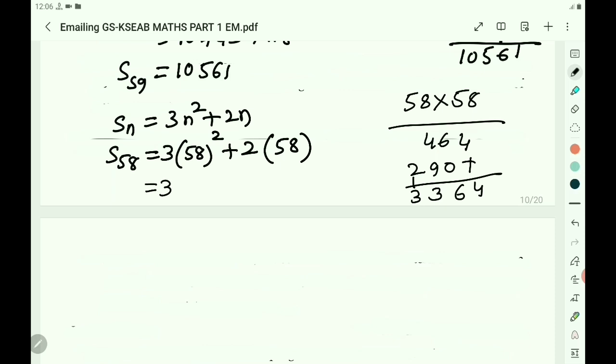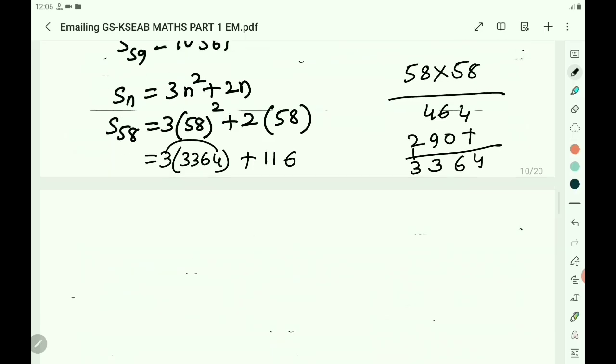That is 3 into 3364 plus 2 into 58. 2 into 58 is 2 8s are 16. 2 5s are 10 plus 1, 11. 116.